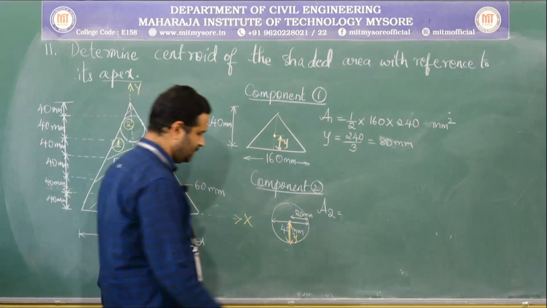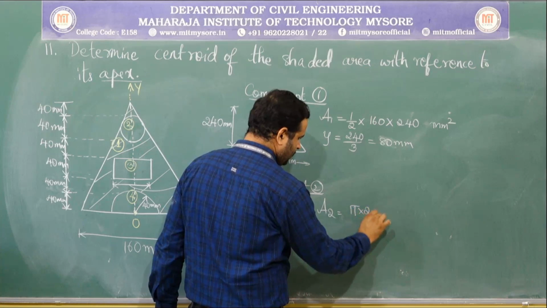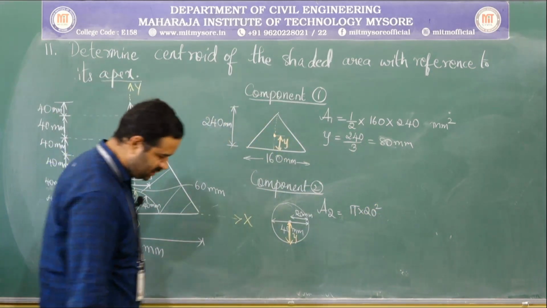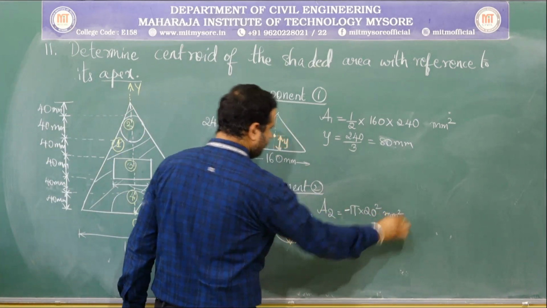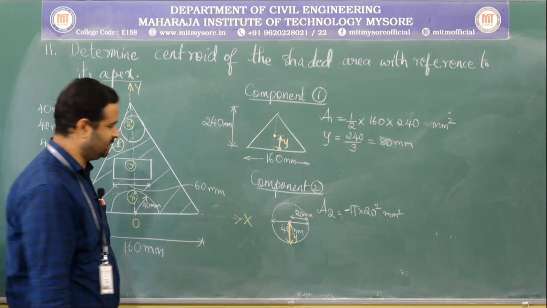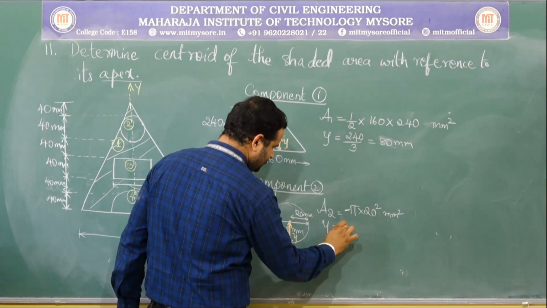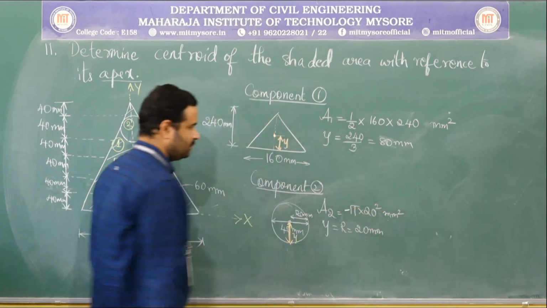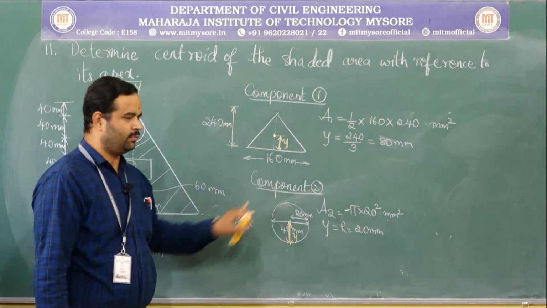It is pi r square, pi into 20 square, but it should be written with a negative sign, because it has to be removed, that is why I am writing the minus sign. Now, its y component is nothing but equal to the radius r, which is equal to 20 mm. I hope you have understood component 1 and component 2.